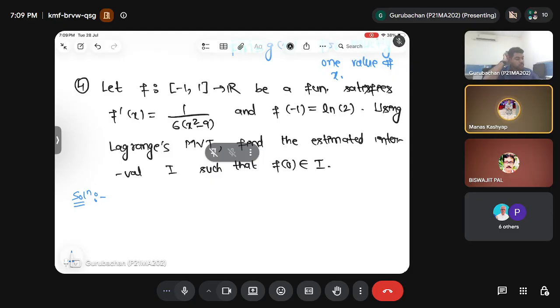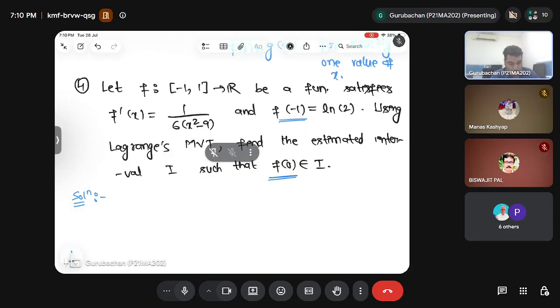That's why we can create an equality like this. We want the estimated interval for f of 0, that is, at x equal to 0, and we know the value of f at x equal to -1. So we need to apply Lagrange's mean value theorem over the interval -1 to 0. That will be the suitable approach.